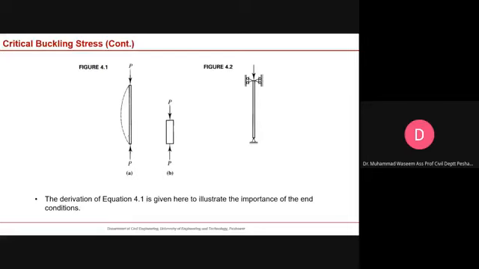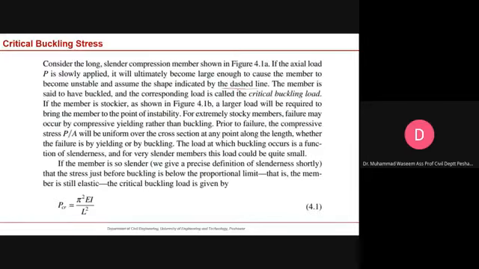Okay, what else is it saying? The member is said to have buckled, and the corresponding load is called critical buckling load. This Pcr is called critical buckling load, which we can estimate with the Euler formula. Okay, this is the first case.